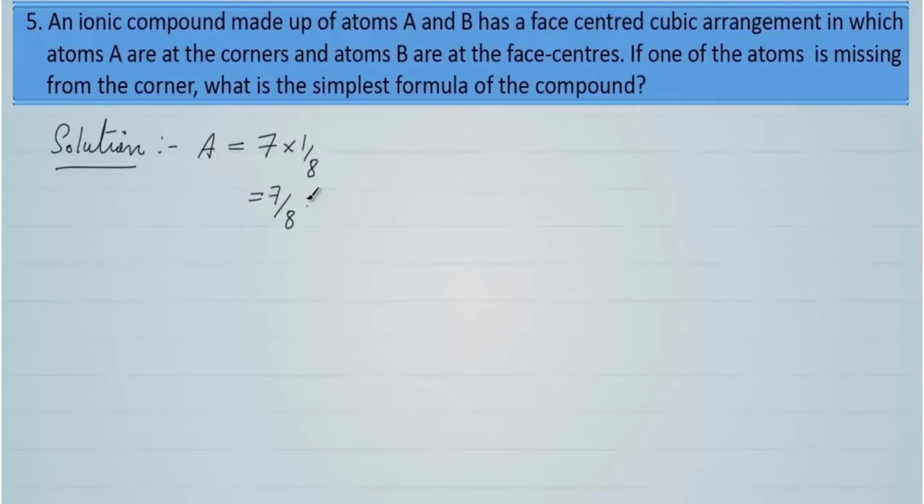Similarly, there are 6 face centers in this unit cell, which are occupied by atom B, so the contribution of B is 6 × 1/2, which gives a value of 3. Now the ratio of A to B is equal to 7/8 to 3.